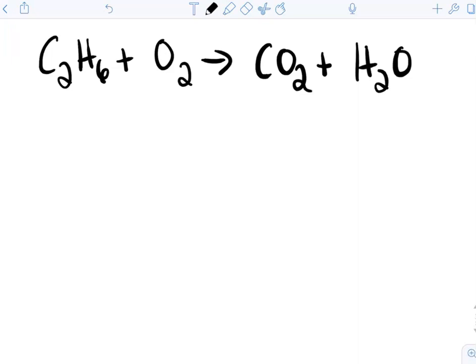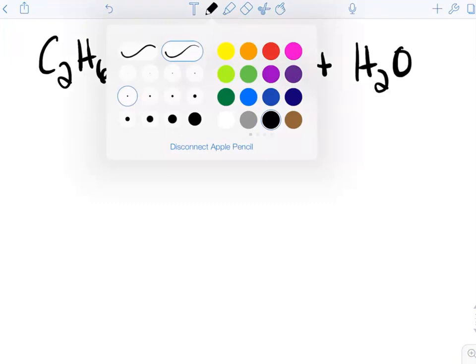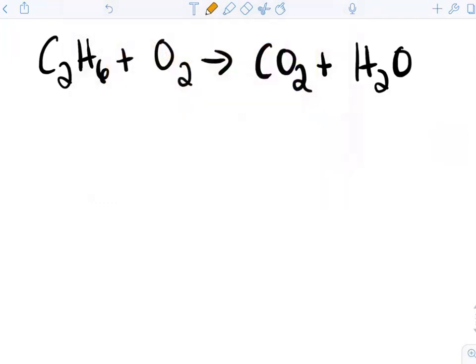We have a hydrocarbon as a reactant. Anytime that you see a combustion reaction, know that it's going to take you a minute to balance this. The reason why is because where you have oxygen here and oxygen here, you have to count those in one lump sum.